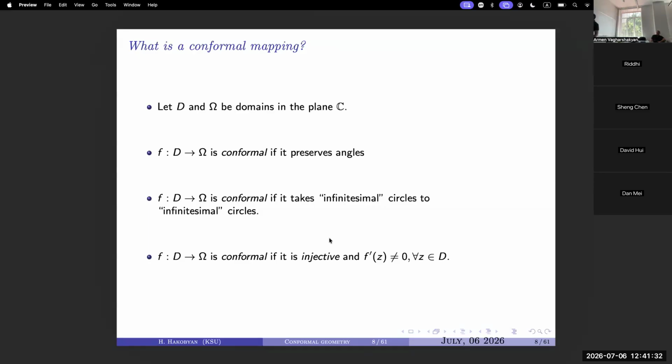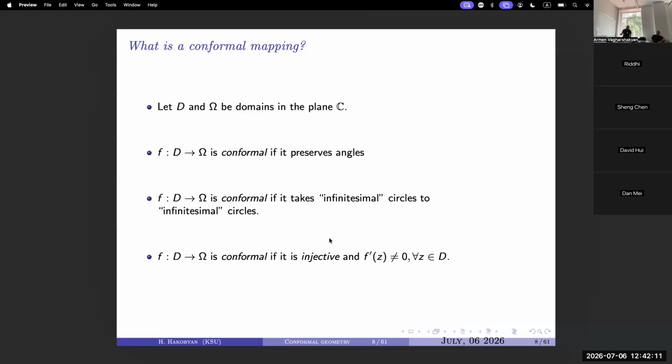In all of these things, I'm assuming F is a homeomorphism, so maybe I should write down that F is always, for me, going to be a homeomorphism. There are several different definitions, and I'm sure all of you know these things, but that's what I mean. It means that it's a one-to-one onto map which is analytic, so the derivative is never equal to zero.